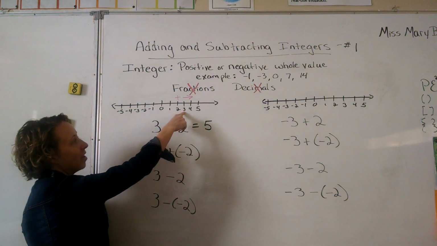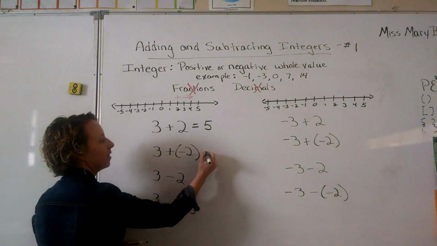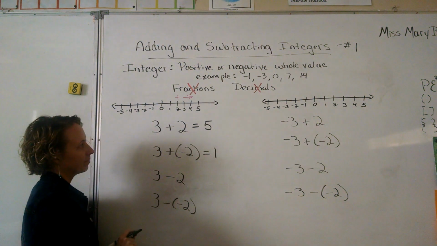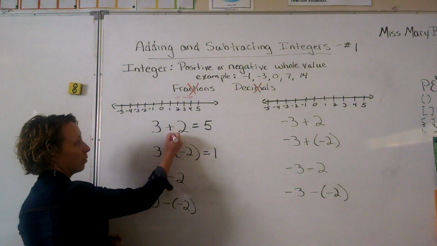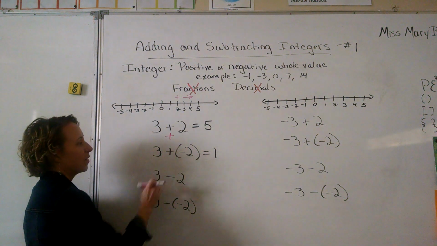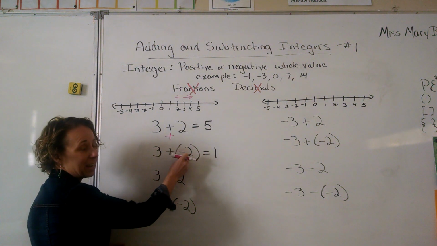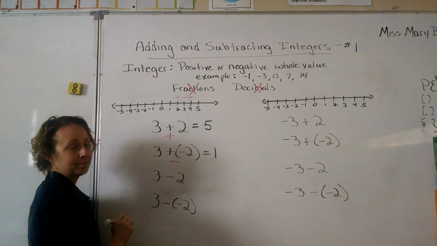Starting at 3, move 2 in a negative direction, that takes us to 1. Notice, when we were just adding our positive number, we're pretty much just adding. When we're adding a negative number, we're adding things that are negative. We're getting more negative. It's like subtracting.